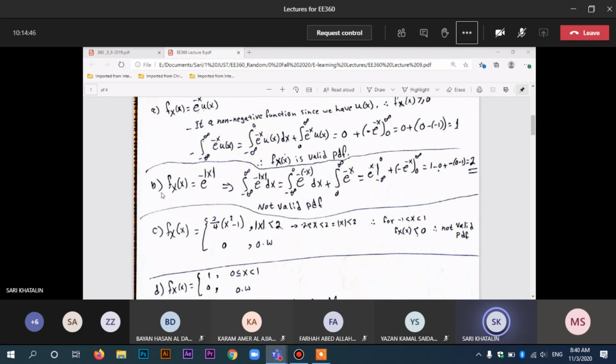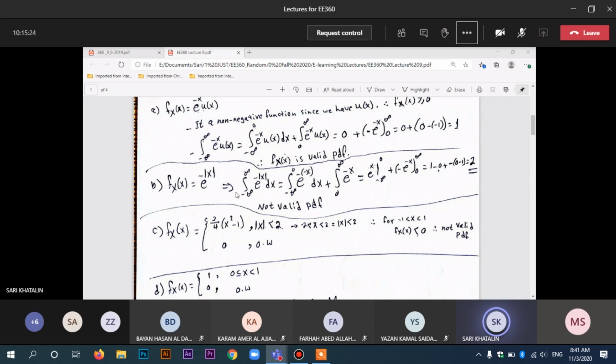The second part, B, the PDF here is given as an exponential minus the absolute value of x. Well, let's find the area underneath this function. The absolute value of x is going to be negative x when x is less than 0, and positive x when x is larger than 0.